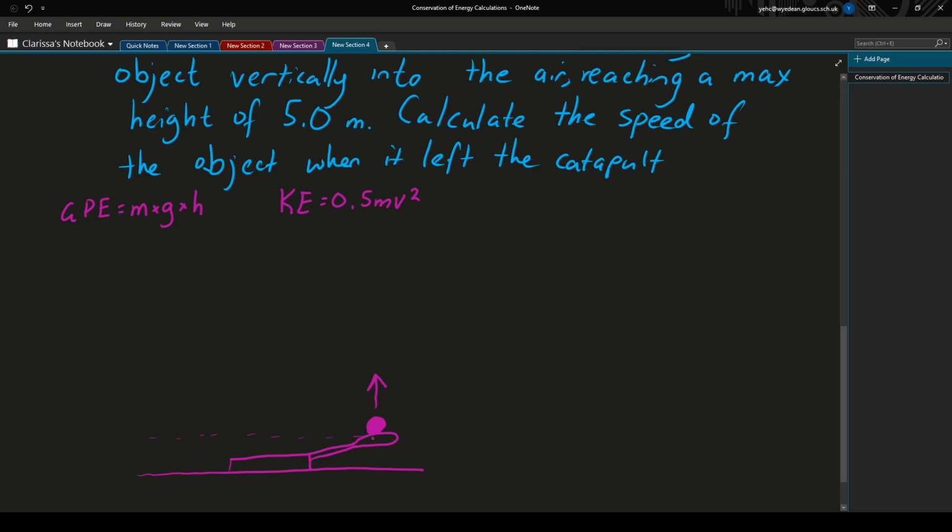Let's pretend this is the ground, because I know that I have it a little bit high up. So its height at this point is 0.